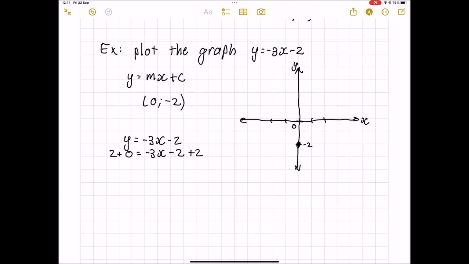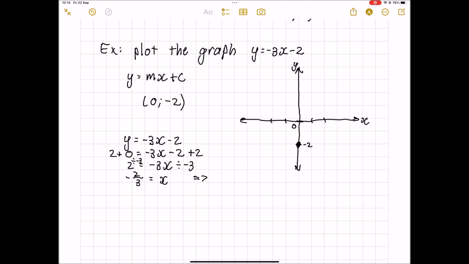So I'll add 2 to both sides, then you get 2 equals negative 3x, and then you divide both sides by negative 3, and then you'll get negative 2 over 3 is x.